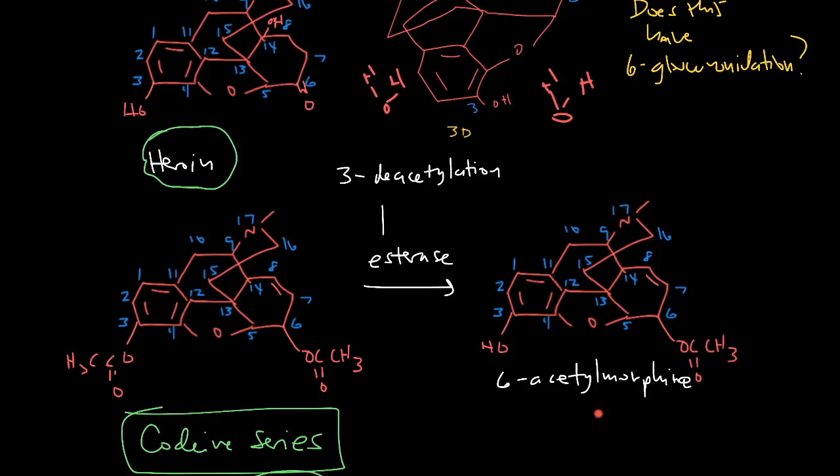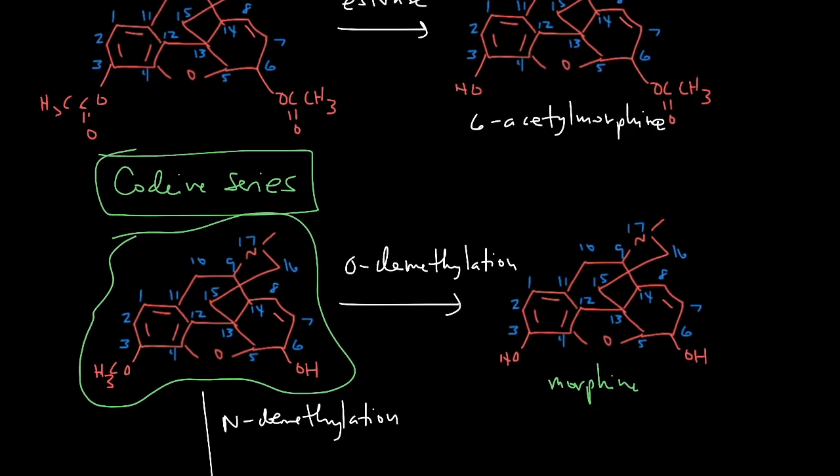It's called 6-acetylmorphine because it has the acetyl, which is a 2-carbon ester group, at the 6th position. So 6-acetylmorphine refers to a 6th position acetyl group on the morphine.